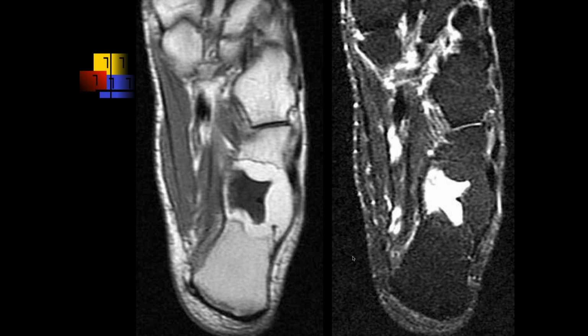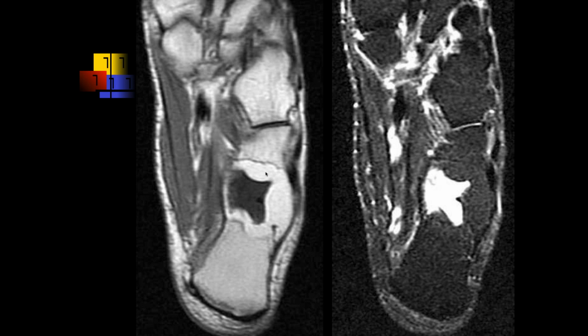Here's someone who had vague ankle pain, and here on the MR we can see an expansile lesion within the calcaneus with a central focus of necrosis, but fat around the area of necrosis.